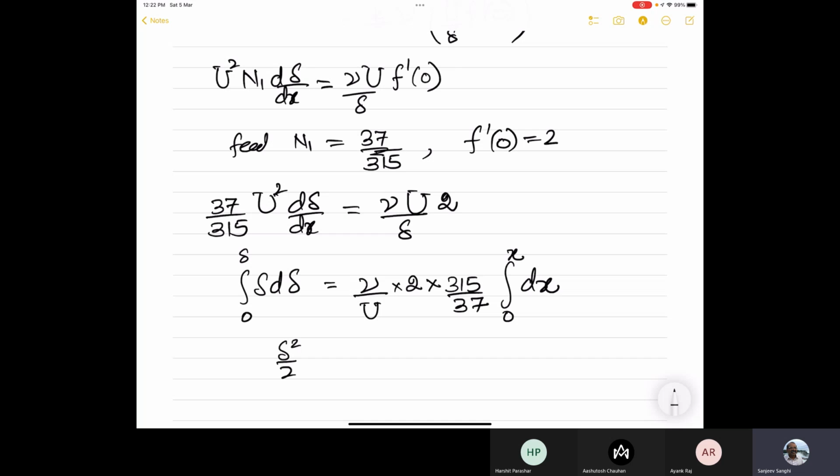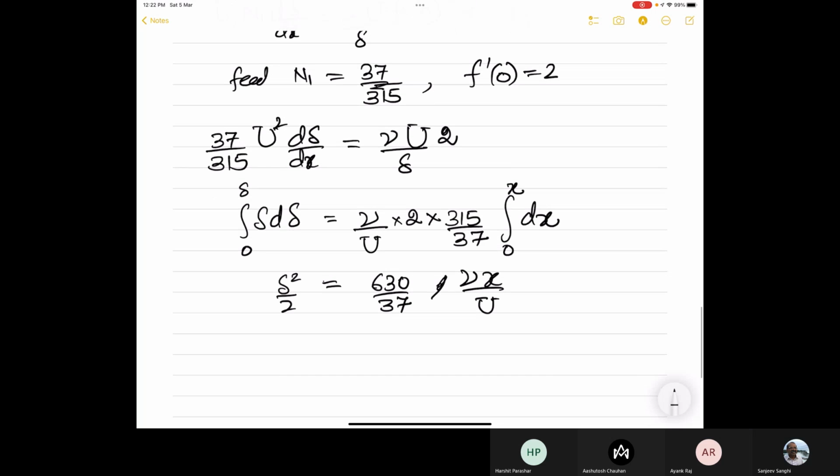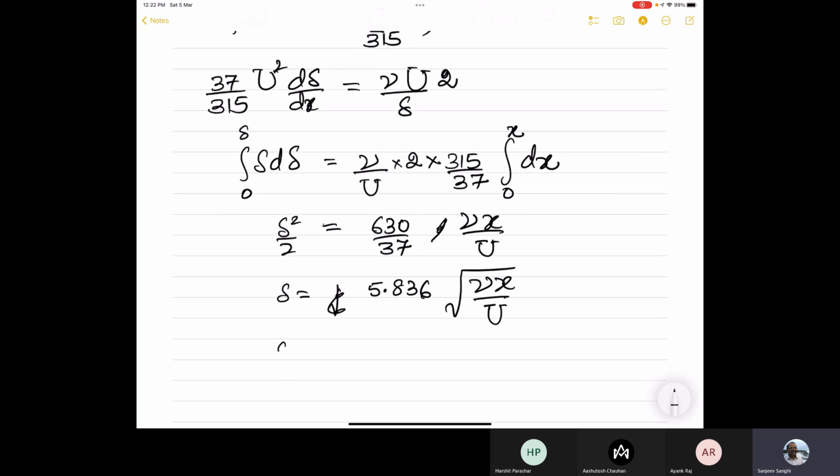So we get delta square upon 2 is equal to 630 upon 37 nu x upon U. And from here one can work out delta, when I do all the calculations and take the square root, as 5.83 square root of nu x upon U. I take the square root, and one can write delta upon x is equal to 5.83 upon square root of Re sub x, where Re sub x is equal to U times x upon nu.